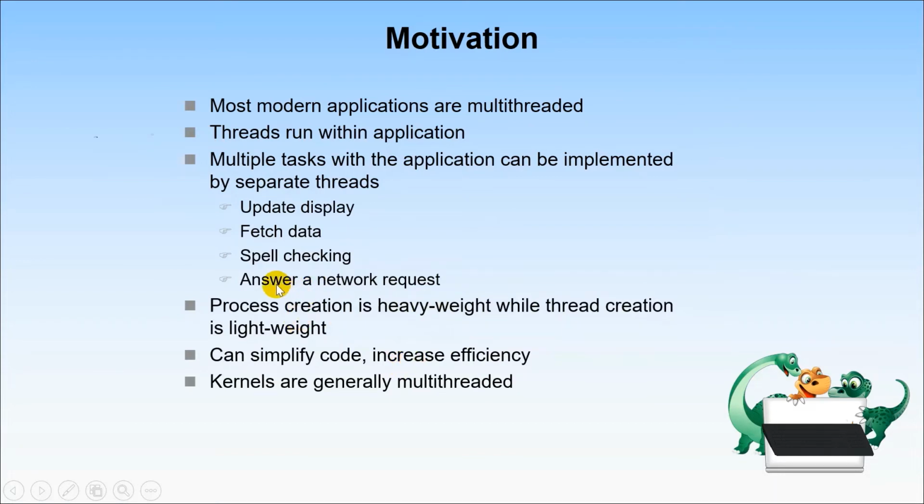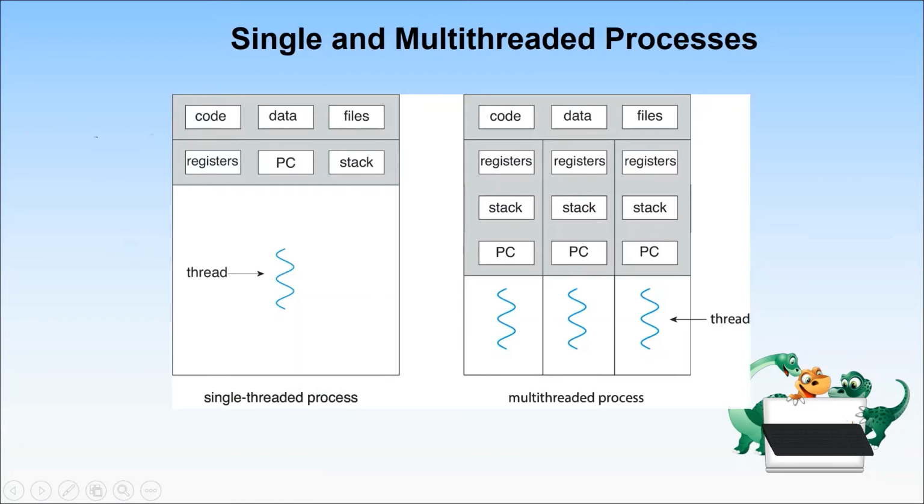Next, we have what we call single-threaded or multi-threaded processes. Traditionally, we've got the heavyweight processes. It has a single thread of control, so there is one program counter and one sequence of instructions that can be carried out at any given time.